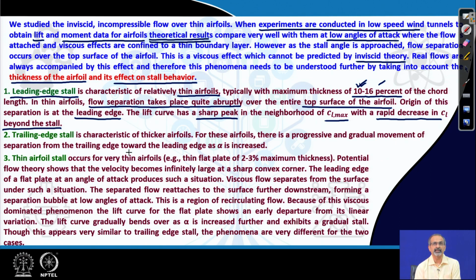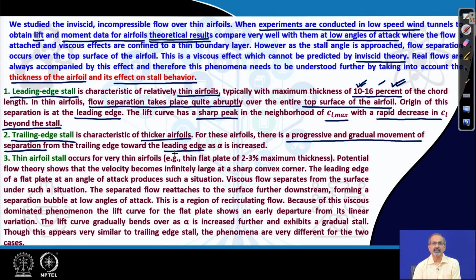So, this is quite a dramatic stall phenomenon, which is called leading edge stall, because it initiates from the leading edge. On the contrary, for thicker airfoils, that means with thicknesses beyond 16% and much more beyond that, we have a different type of stall, which is called trailing edge stall, which means it is initiated at the trailing edge, and then it progressively and gradually moves upstream from the trailing edge towards the leading edge as the angle of attack is increased.